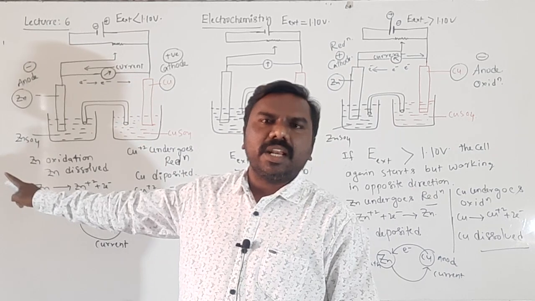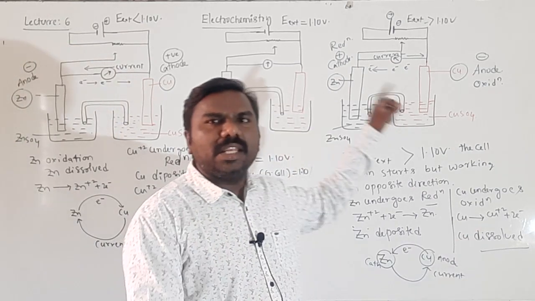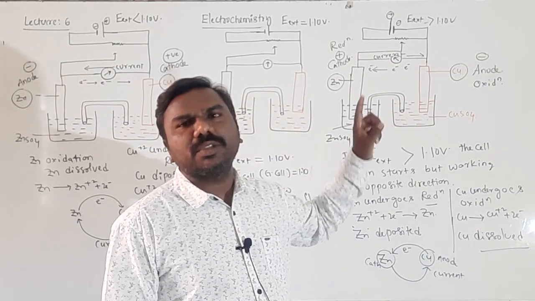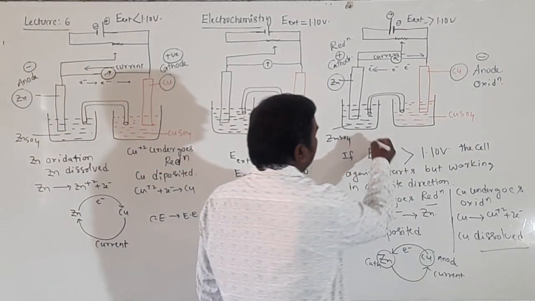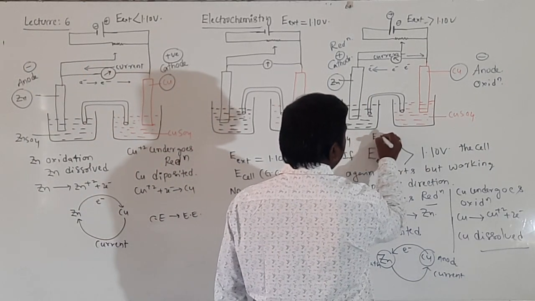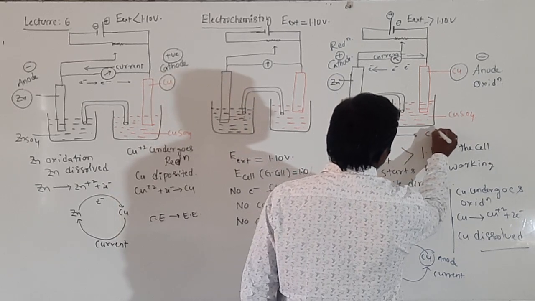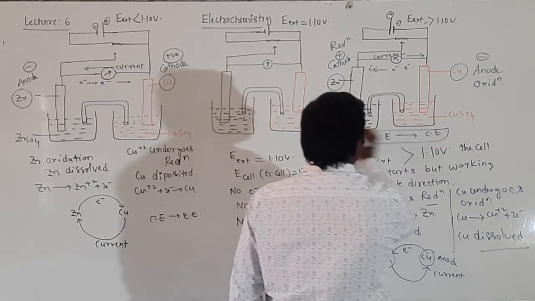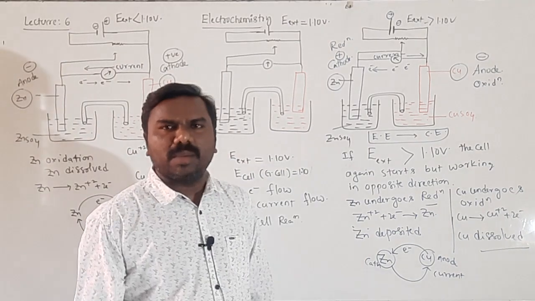Here, by chemical reaction electricity was generated, but now by electricity a chemical reaction happens. It means electrical energy is converted into chemical energy.